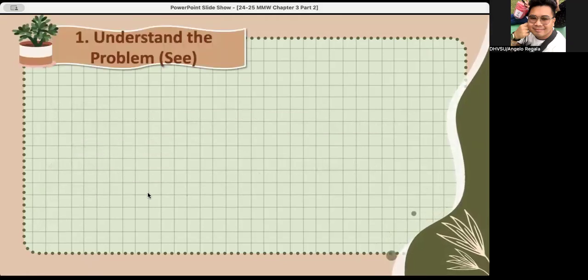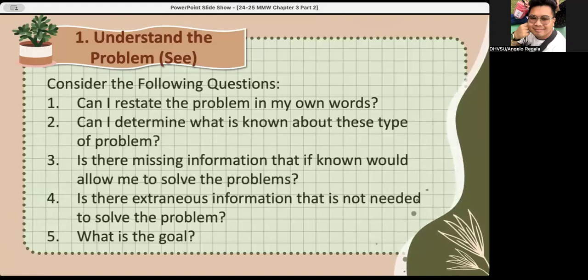Now, sabi ni Polya, in order for us to understand the problem, here are some of the questions that we can answer. Can I restate the problem? Kaya ko na ba siyang i-translate in my own understanding? So kapag nagawa daw natin yon, definitely there is a tendency na naiintindihan natin yung situation.